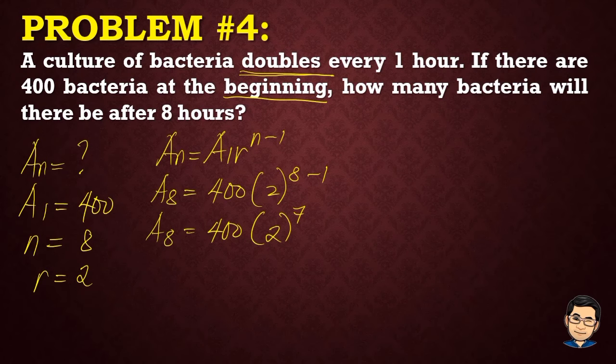Ang gagawin po natin dito, kailangan muna natin i-express yung 2 raised to 7. So, 7 times natin i-multiply yung 2 sa kanyang sarili. Kapag minultiply po natin yung 2 ng 7 beses, ang makukuha po nating product is 128. Now, finally, yung 400 na first term, i-multiply natin sa 128.